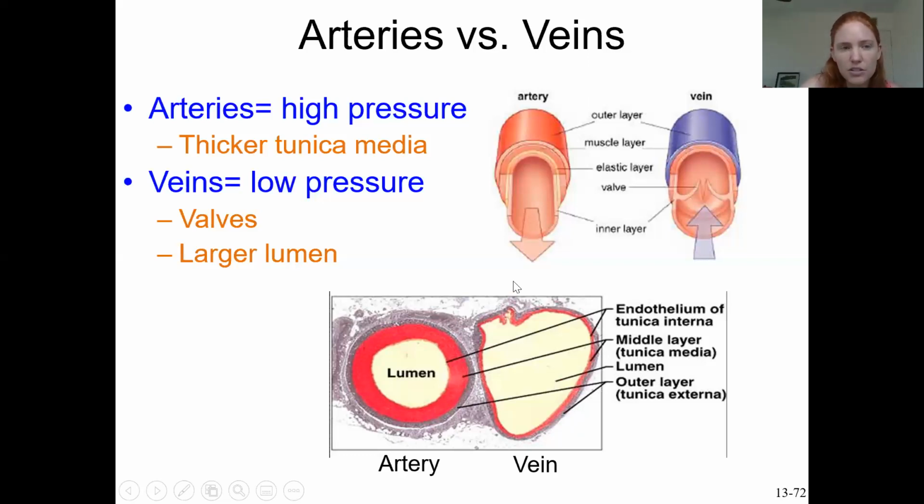The other thing is, because the veins are low pressure, they also have structural characteristics to help them return the blood to the heart despite the low pressure. And one of them is the fact that they have this extra large lumen. Now let's talk about what the word lumen means. Lumen means the hollow part of any organ.